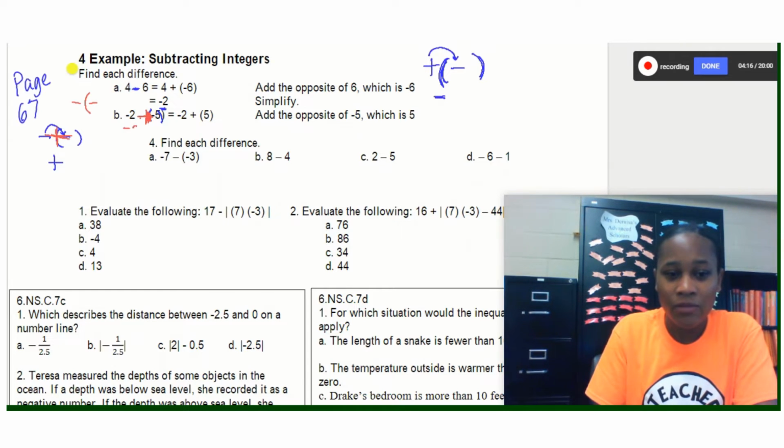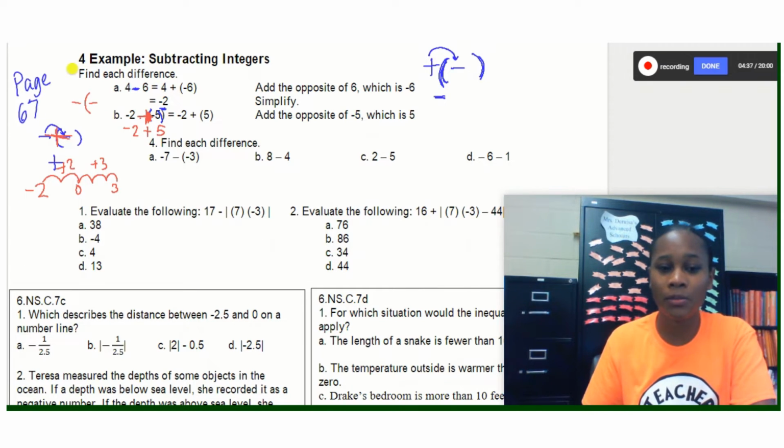So you have negative 2 plus 5. If you start at negative 2 and then you go to the right 5 units, it's going to take you 2 units to get to 0. That's plus 2. And then you need to add 3 more units. So that's how you end up at positive 3, which is 3 units to the right of 0. So you know it'll be a positive number.